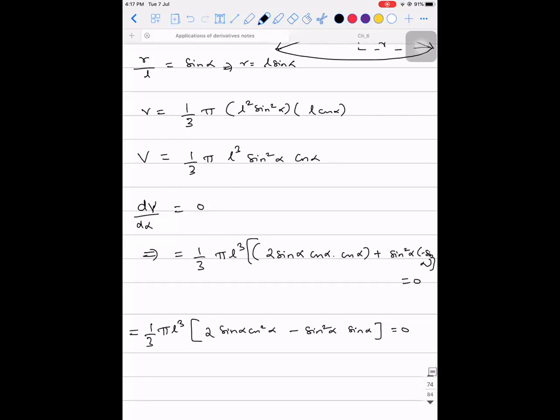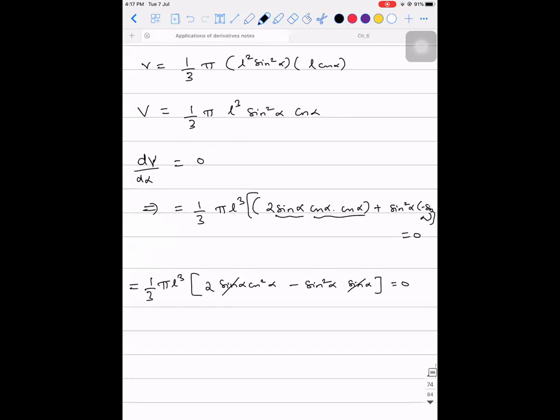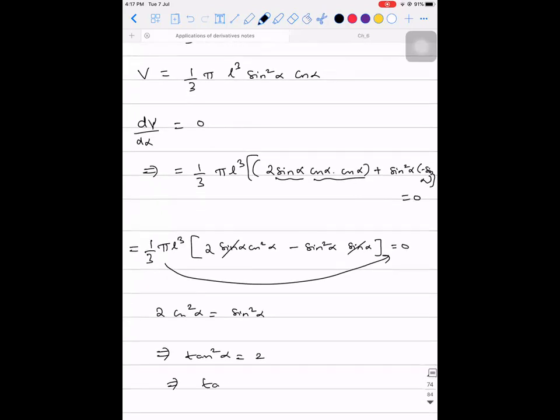So sin alpha cannot be 0. No calculation mistake. So sin alpha will get cancelled. So this will also go to the other side. So what do you have? 2 cos square alpha is equal to sin square alpha, which implies tan square alpha is equal to 2. Then what should tan alpha be? Root 2, which implies alpha is tan inverse root 2.